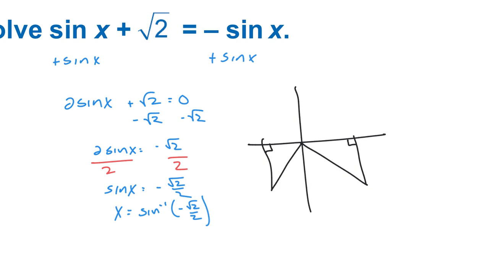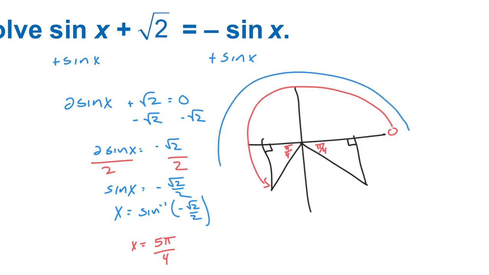Now, as far as having a ratio of root 2 over 2, hopefully we recognize that comes from 45, 45, 90. So that means this angle here is going to be pi over 4, pi over 4. Okay, so measuring from 0, the first answer we get would be x equals 5 pi over 4. The second answer we get, measuring from 0, would be x equals 7 pi over 4.